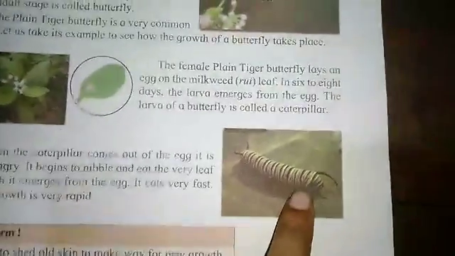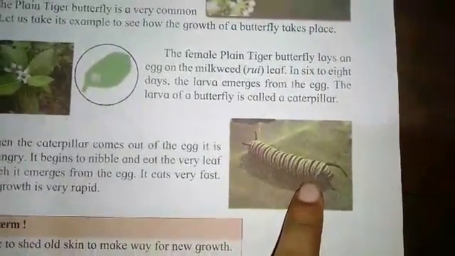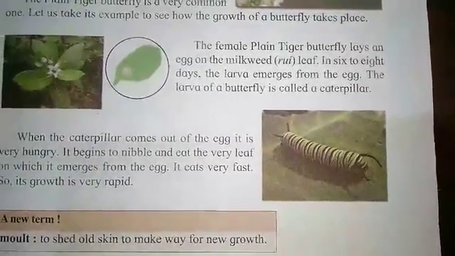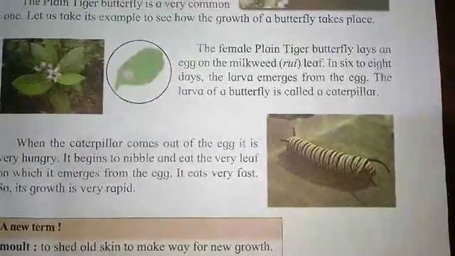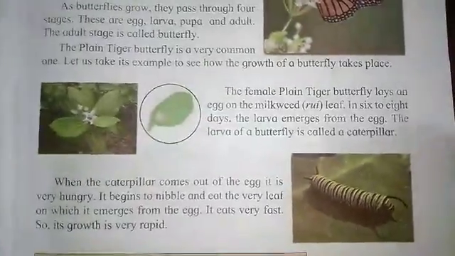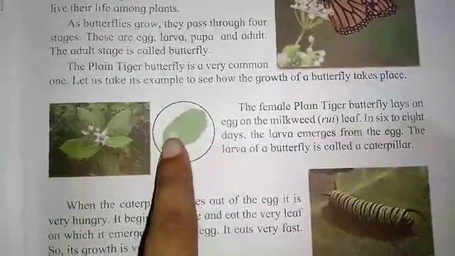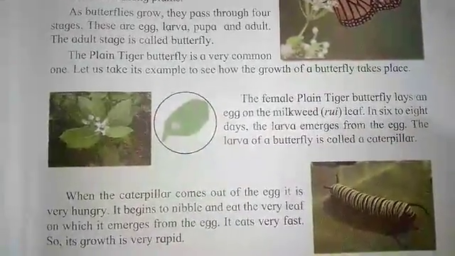So this small insect larva is very hungry, and its first food is the empty eggshell which is present on the leaf. He first eats the empty shell on the leaf.